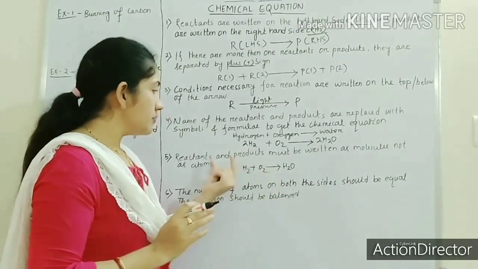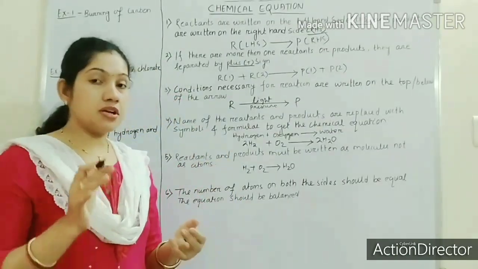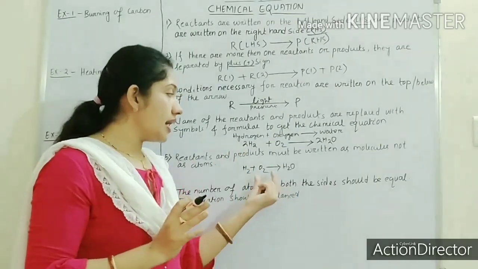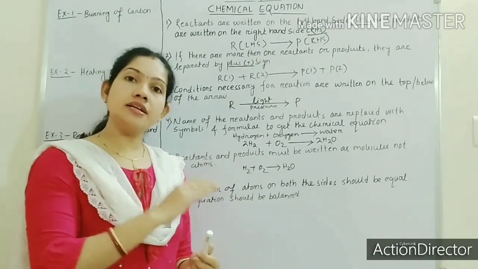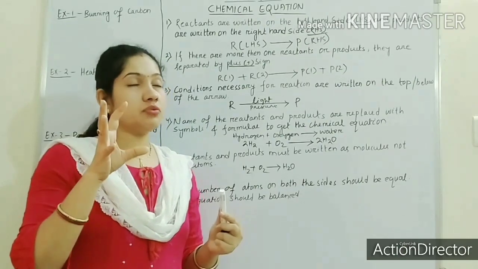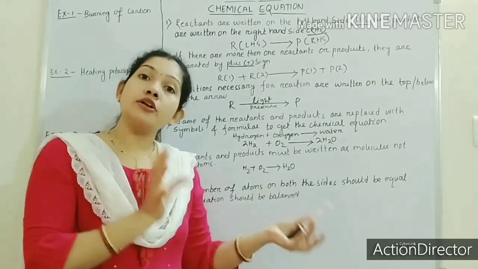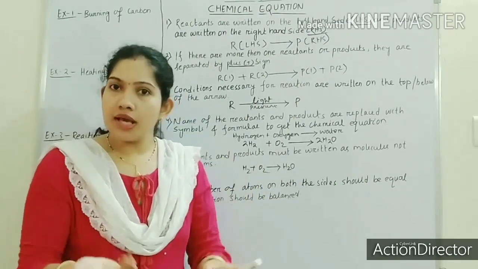Just remember, whenever we write a chemical equation, we have to write the molecules of the reactants and products. We cannot write the symbols in atomic format. We have to write their symbols in molecular format.